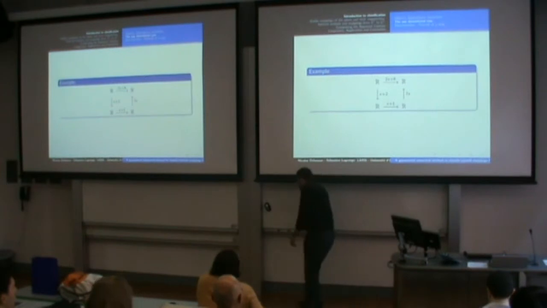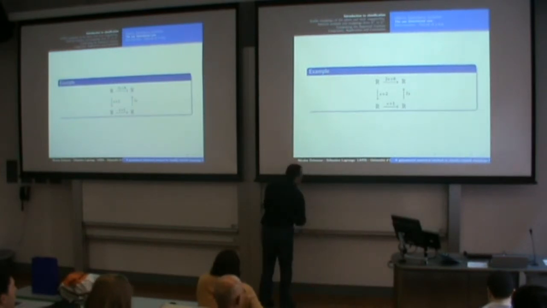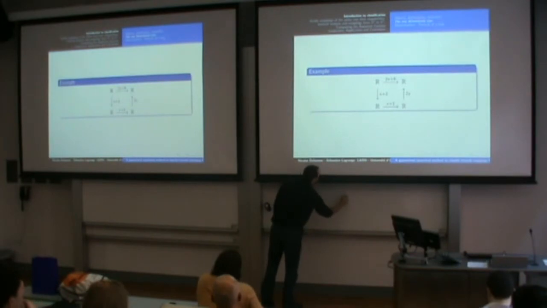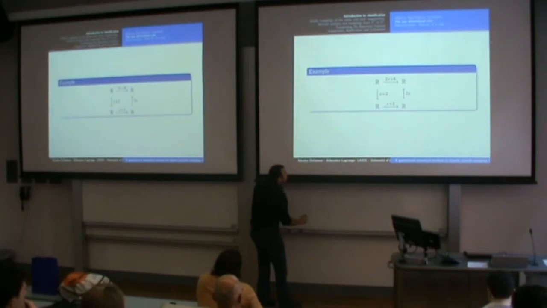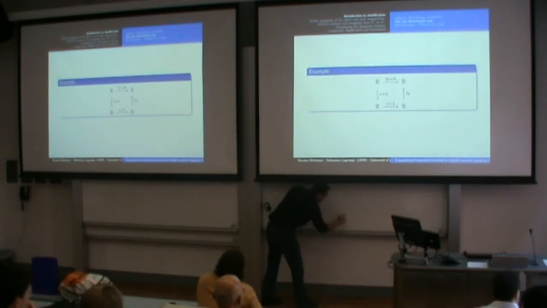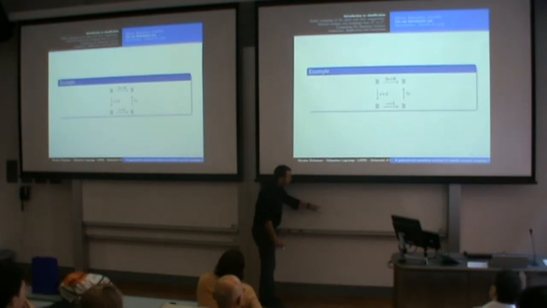So if I write here, we can have x, which is mapped to x plus 2, then you obtain x plus 2 here. This map is x plus 1. So this arrow is going to be the composition of those two mappings. So it's going to be x plus 2 plus 1.